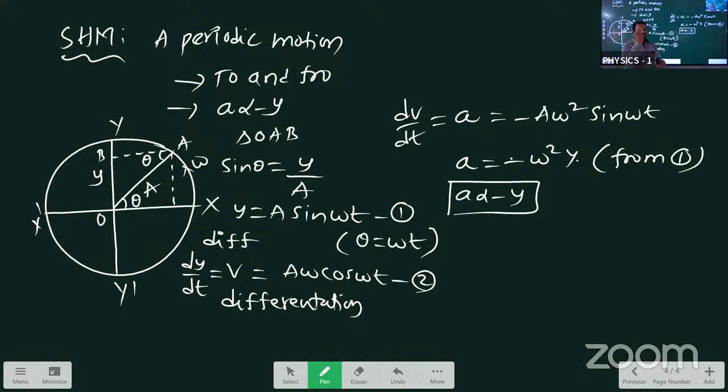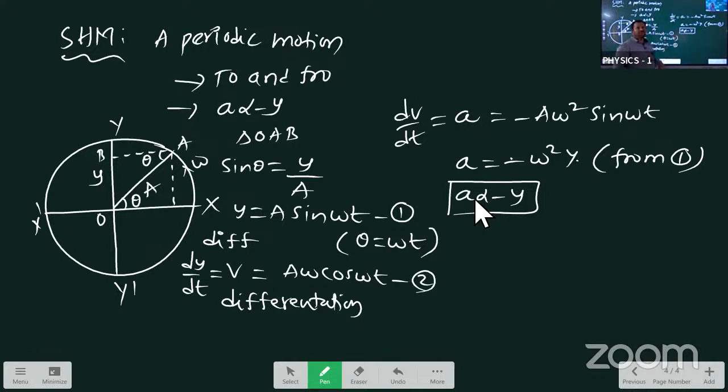How many questions are you reading? 2. One is the SHM question, the previous question, and the time period of a simple pendulum. So acceleration is directly proportional to displacement with opposite direction.